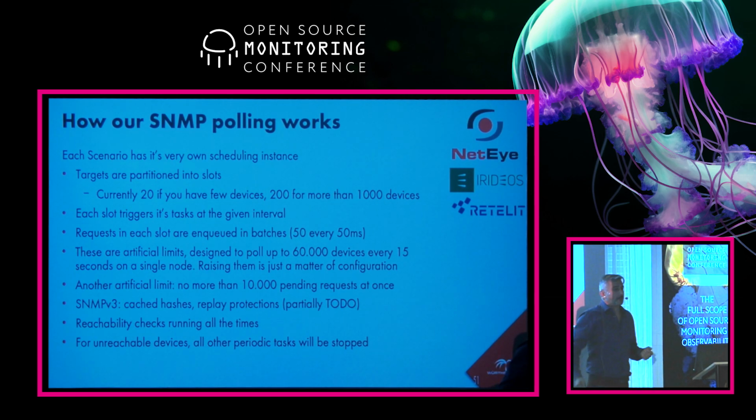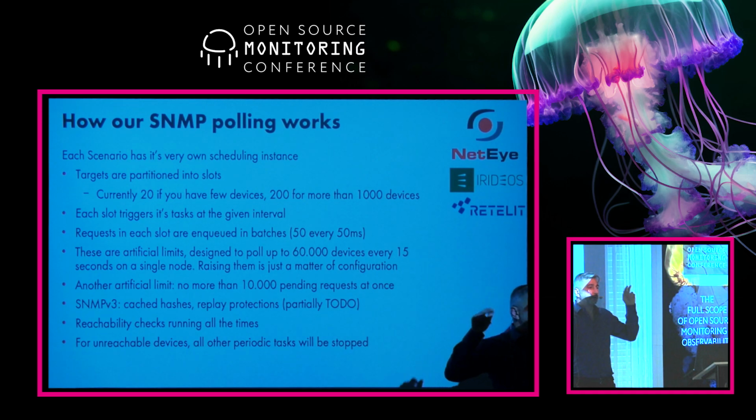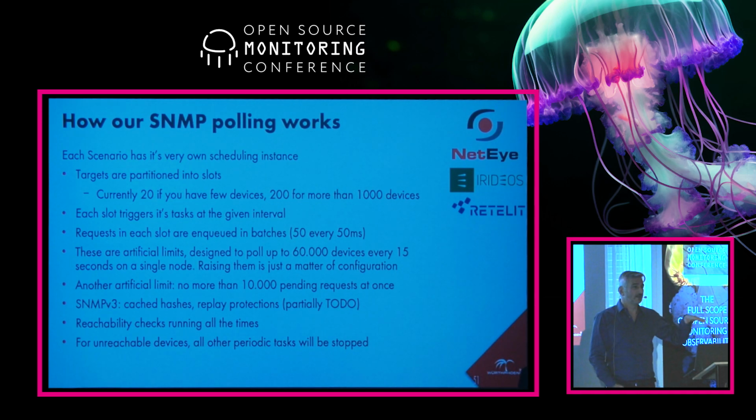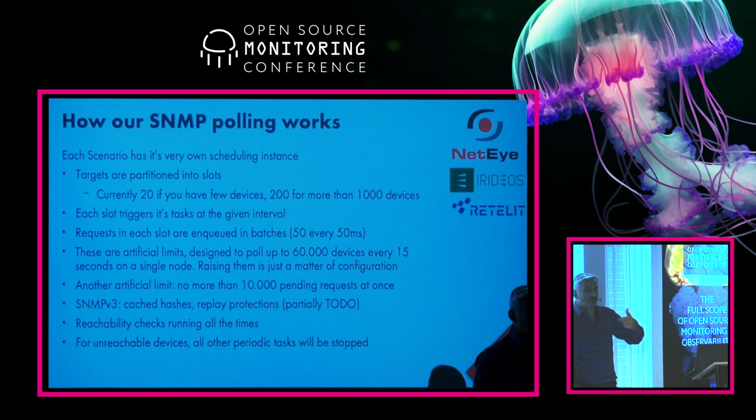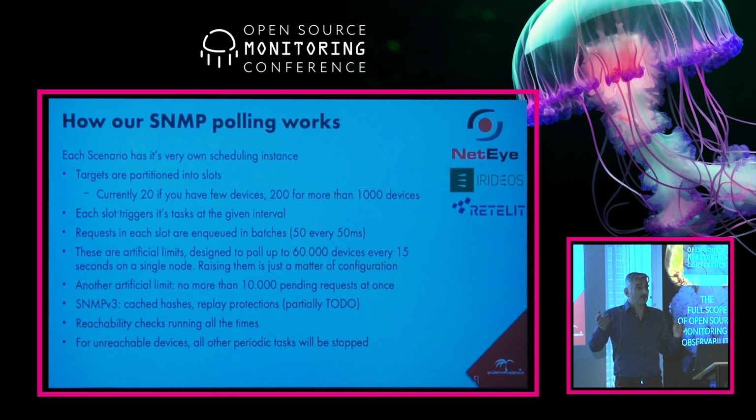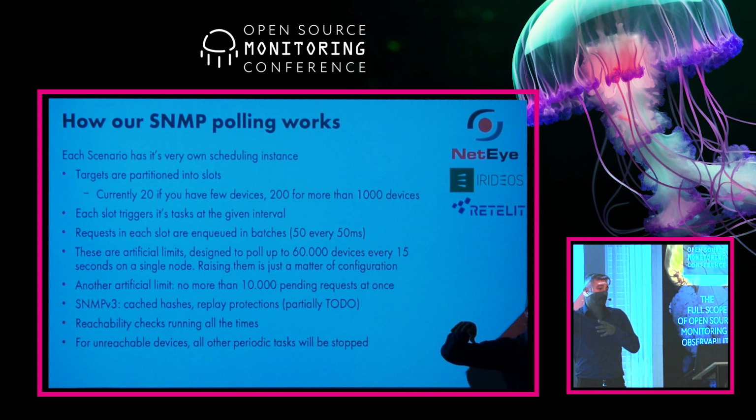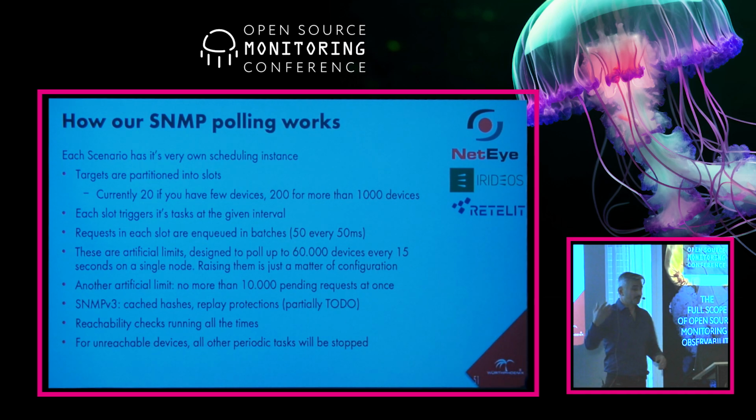One of our scenarios is a keep-alive check that runs every 10 seconds for every device and just gets the system name, the engine ID, the engine uptime, and so on. If a device doesn't respond 3 times, it is considered down, and all the other scenarios stop for that device. Every time you get a change in this data, it automatically refreshes the authentication part if you are running SNMP version 3. So this is just waiting in memory, and this is really fast.